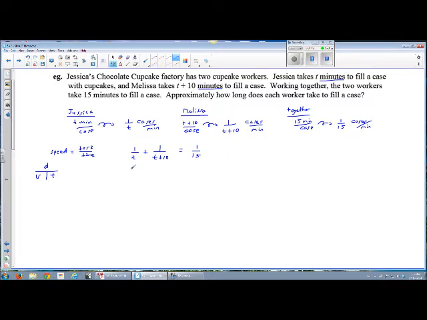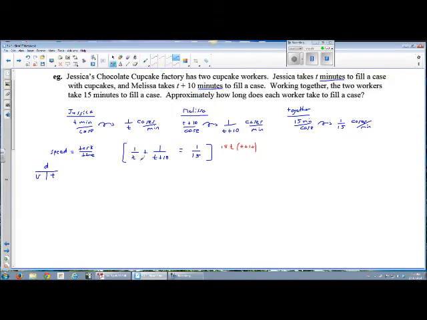Okay, so as I look through this, I've got the t in the denominator, and then the t plus 10, and then 15. If I multiply everything by 15t times t plus 10, that's the lowest common denominator, then I can simplify each of these terms and get rid of the denominators.